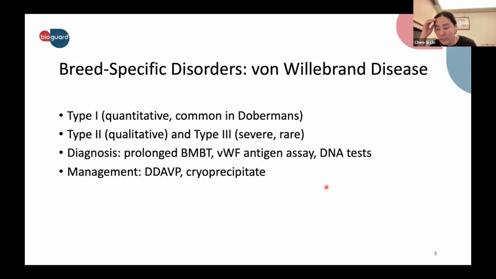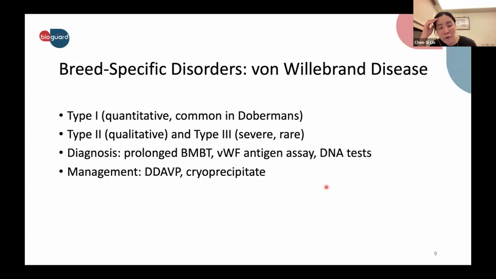VWD is the most common inherited bleeding disorder in dogs. This disease results from a deficiency of VWF, which is responsible for hemostasis.